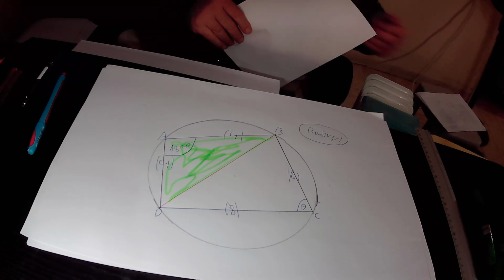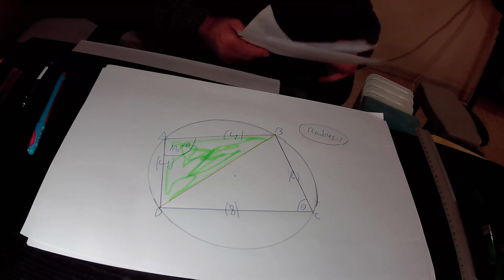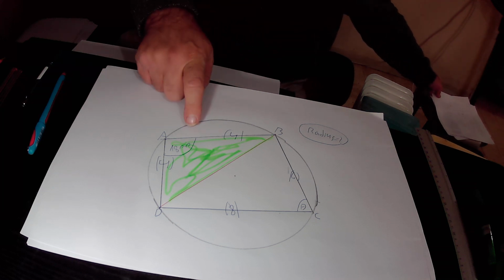We can actually implement the law of cosines on this green triangle ABD.